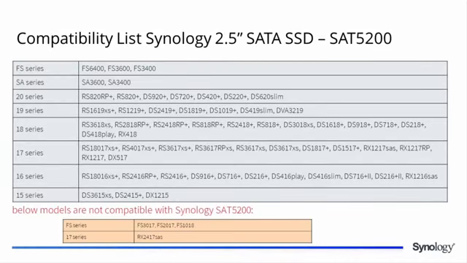In this table, you can see the list of all Synology models which are compatible with our SAT 5200 SSDs. Basically, a vast majority of our products are supported, with an exception of FS3017, FS2017 and FS1018, as well as our expansion unit RX2417 SAS.